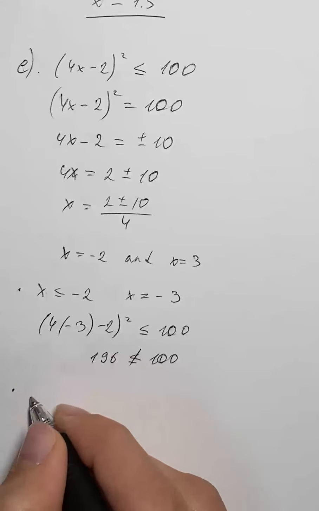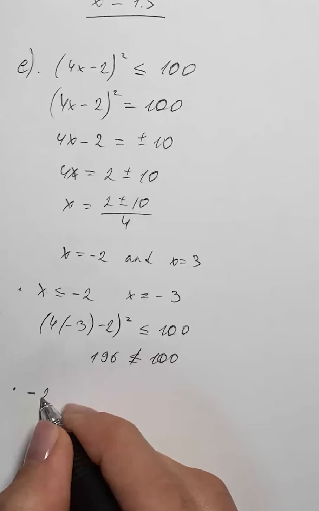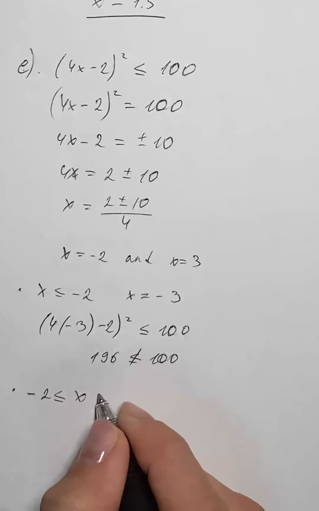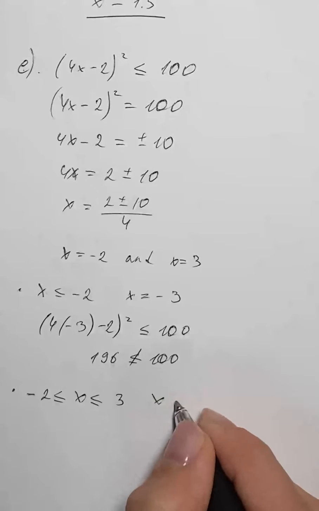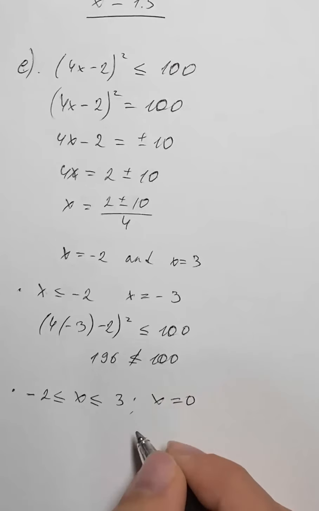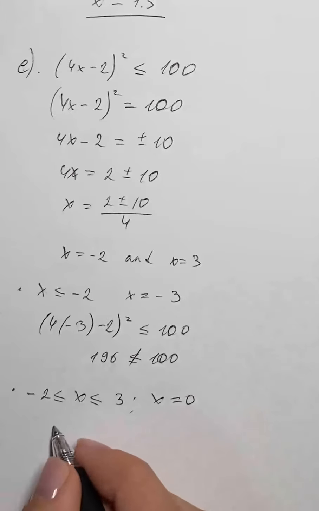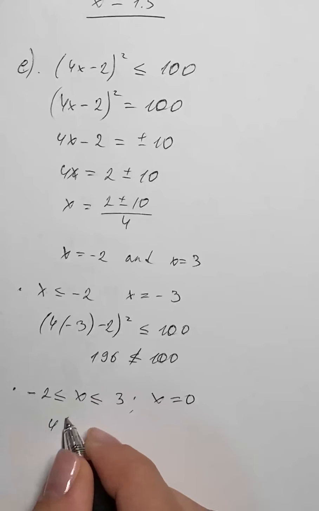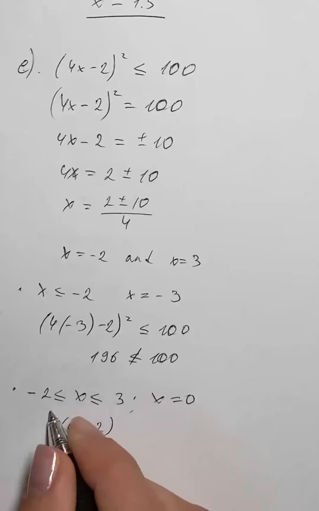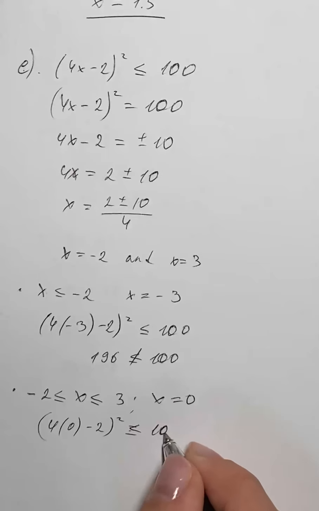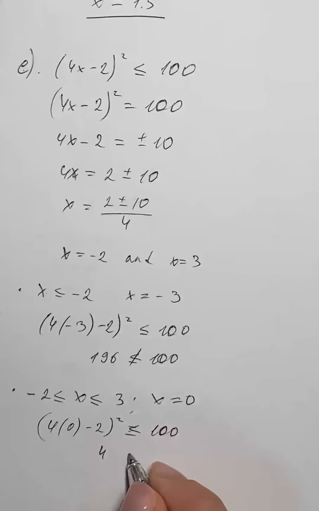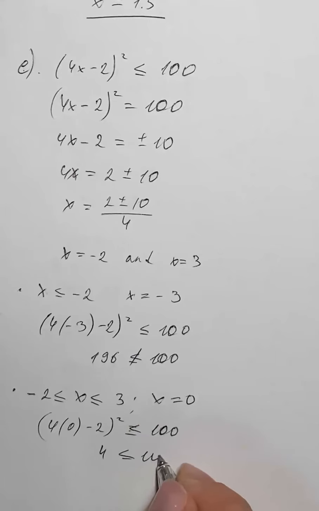So the next region is x greater than negative 2 and less than 3. So the test point is x equals 0, and we have (4 times 0 minus 2) squared is less than or equal to 100, and we get that 4 is less than 100.